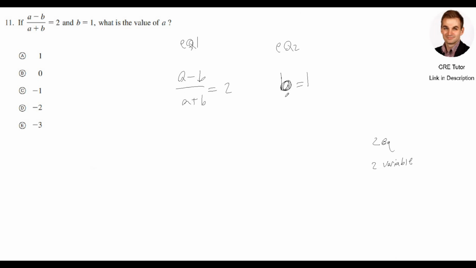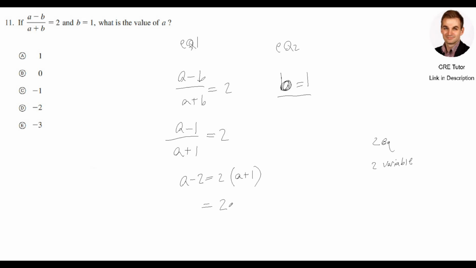Alright, so let's start by solving for one of the variables, which is already done for us. b is equal to 1. Then let's plug it into the other equation. So a minus 1 over a plus 1 is equal to 2. Multiply this out, we get a minus 1 is equal to 2 multiplied by a plus 1.